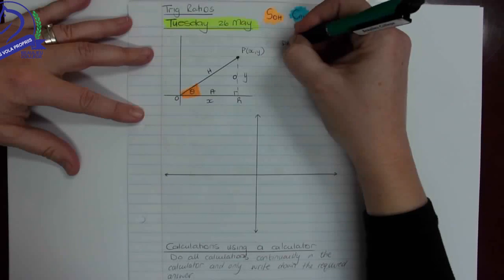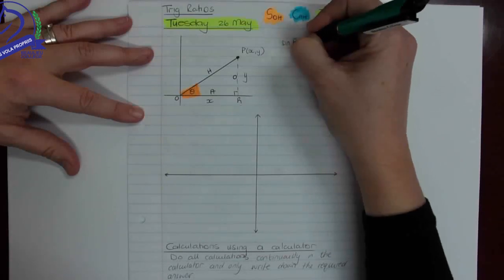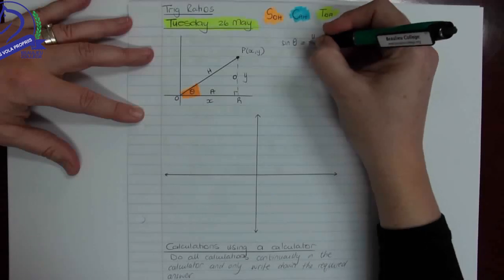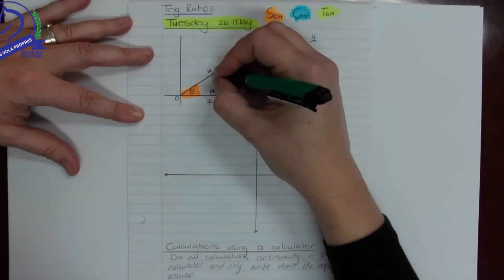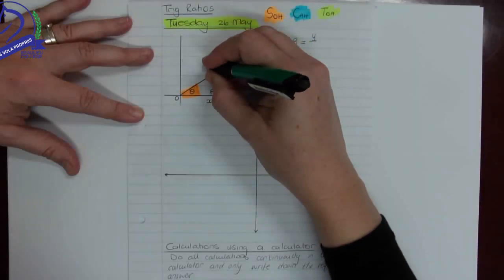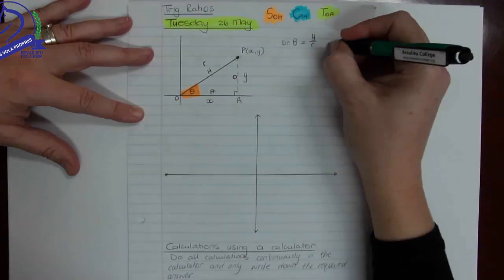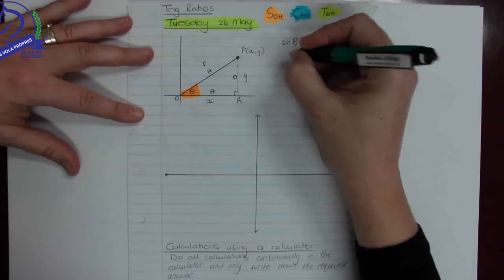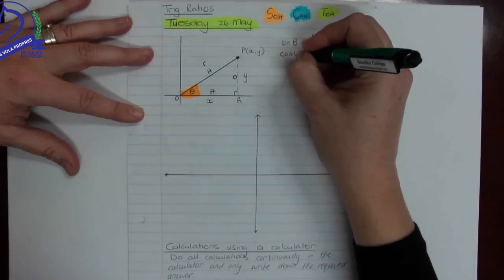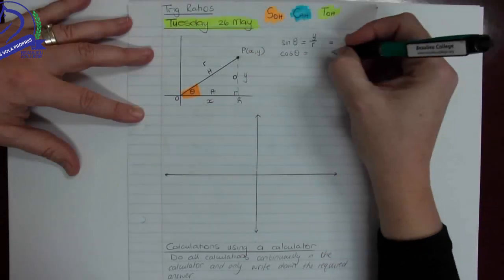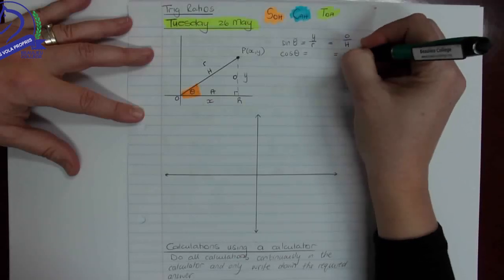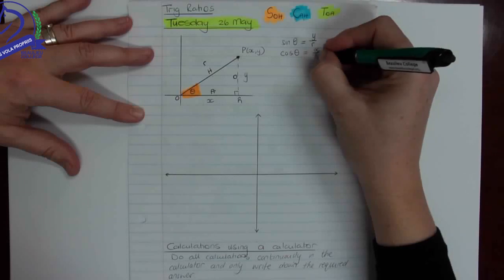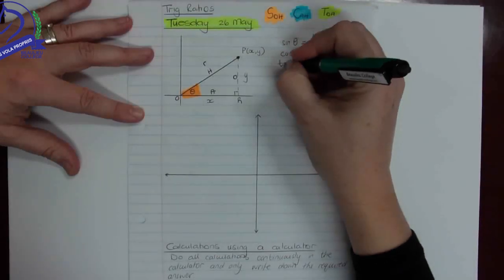So when I want to write sine of theta, it's opposite, so it's y over the hypotenuse, which will be referred to as r, or I can write it as O over H. Cos theta is then adjacent over hypotenuse, or x over r.